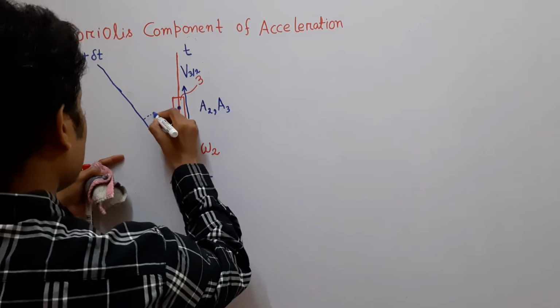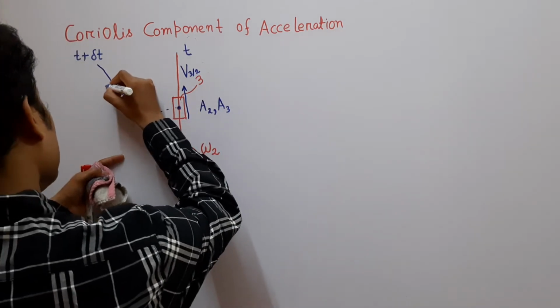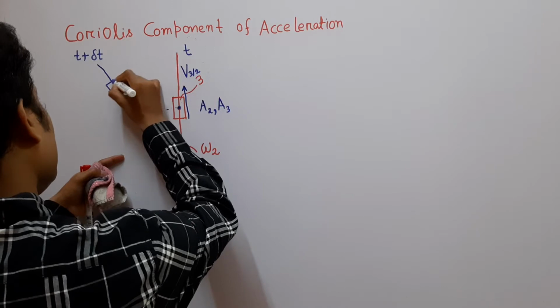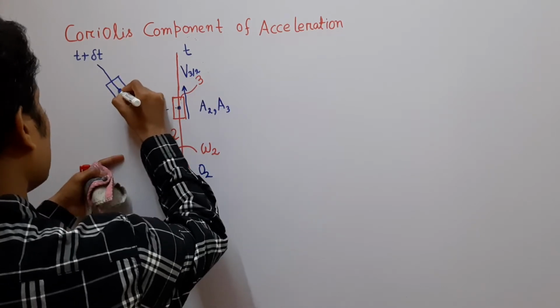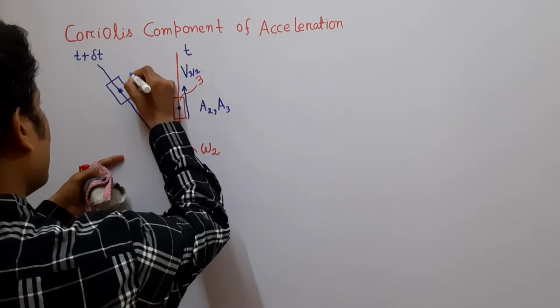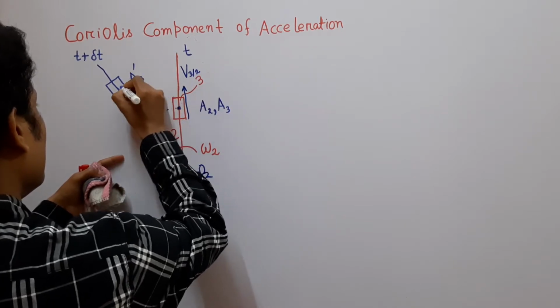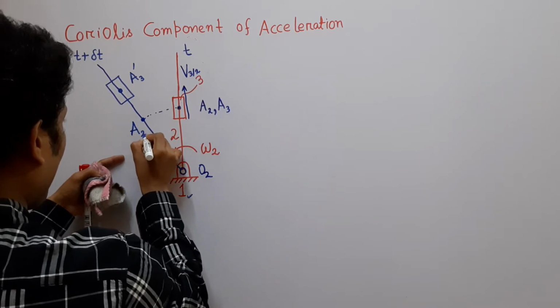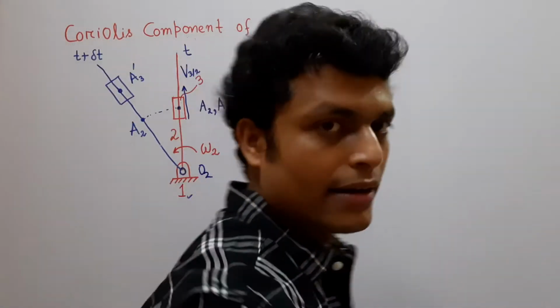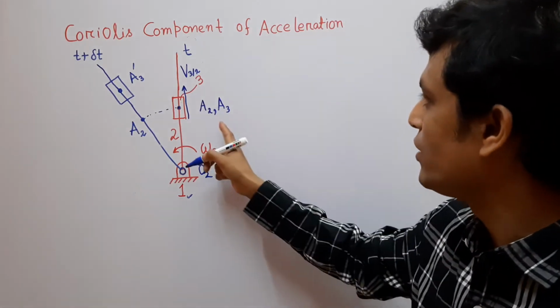Now what will be the position of the slider? As the slider is sliding, this will be the position of the slider. So A2 and A3 are instantaneously coincident.